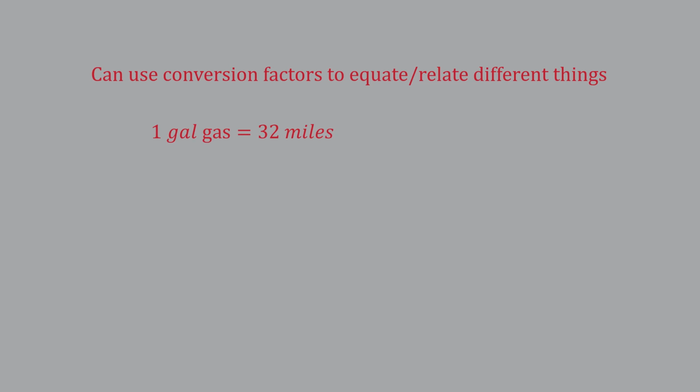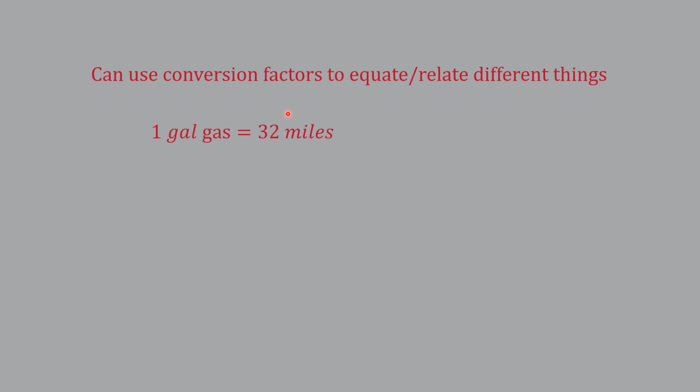And you're probably more used to this than you think. The mileage in your car is an example of this. If you had a car that claims to get 32 miles per gallon, that tells you for that car 1 gallon of gas is equivalent to driving 32 miles.